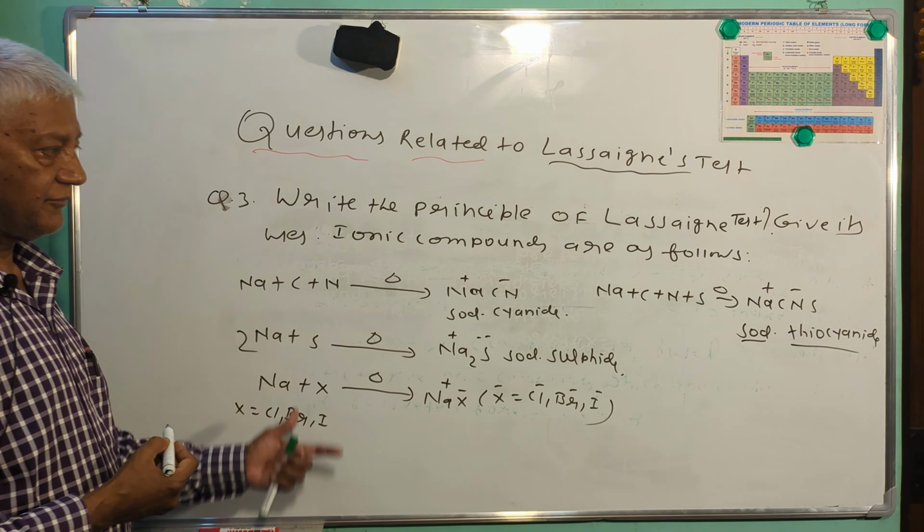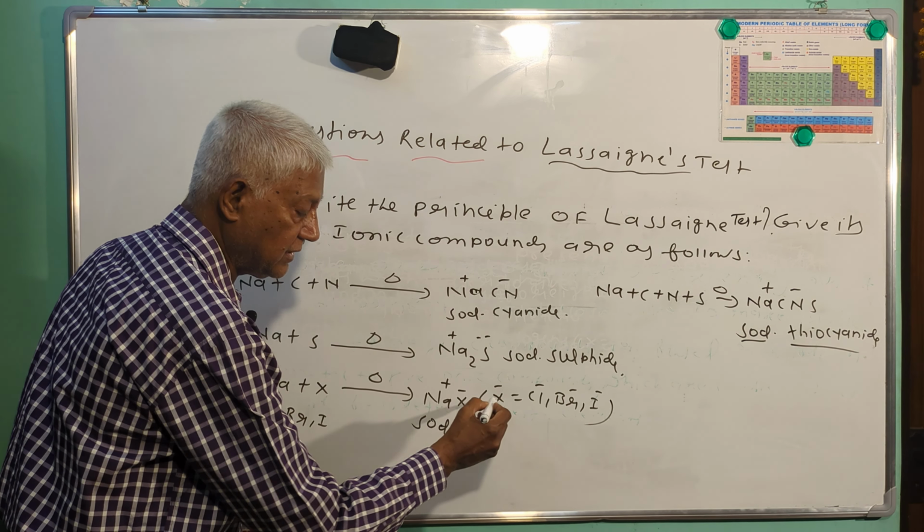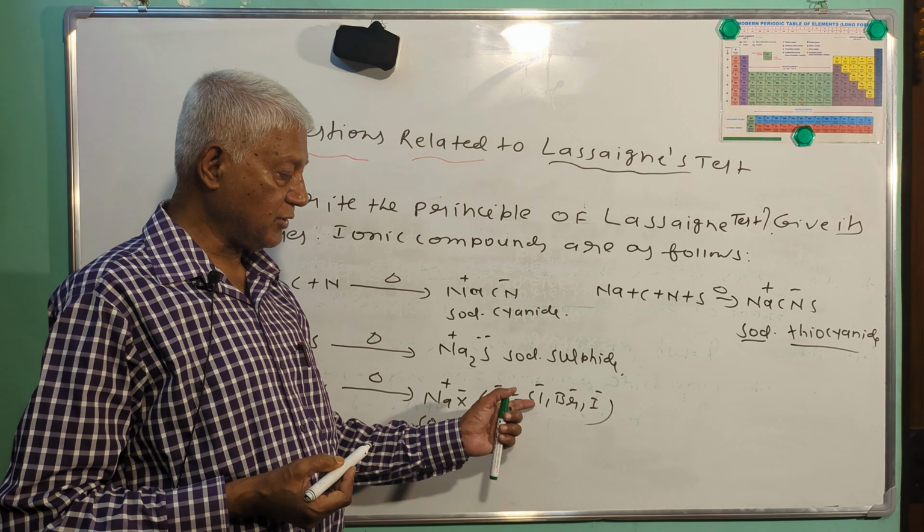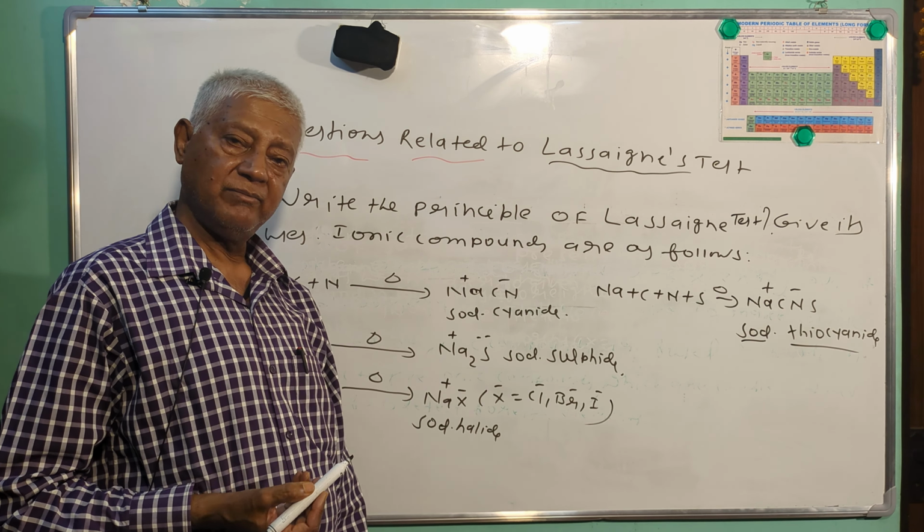If it contains X, meaning halogen, maybe chlorine, bromine and iodine, we get sodium halide, X having negative charge, maybe chloride, maybe bromide, maybe iodide. Is that clear? So in the principle of Lassaigne test, we get different types of ionic compounds, and these are all soluble in water and the tests can be done easily.